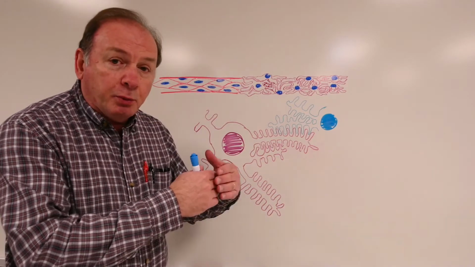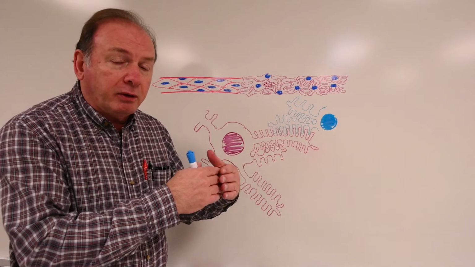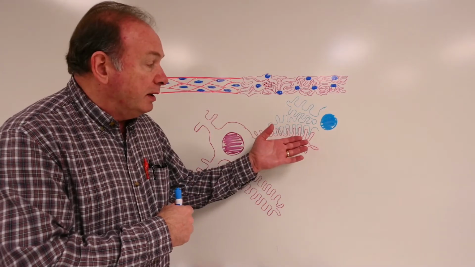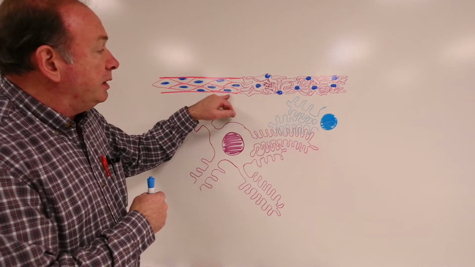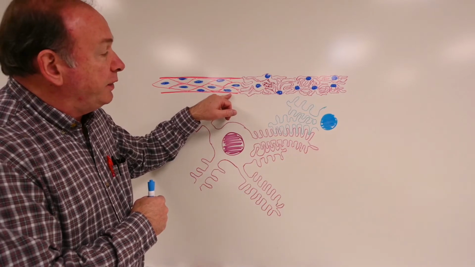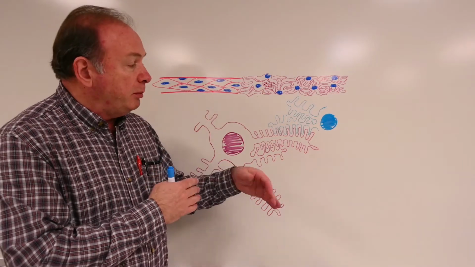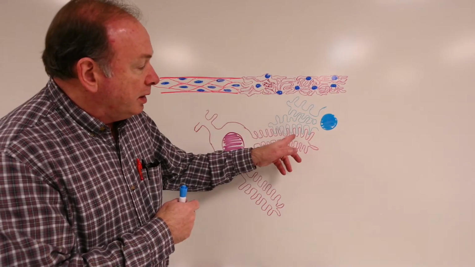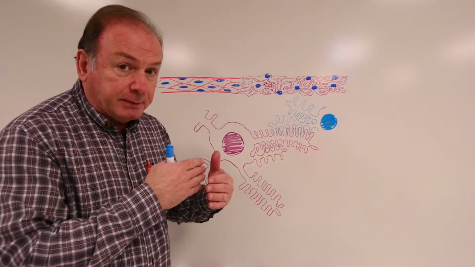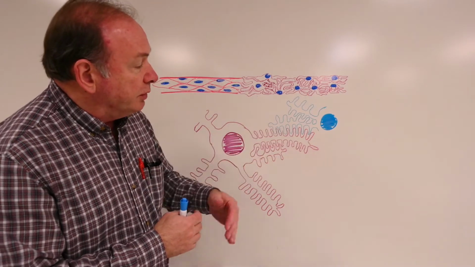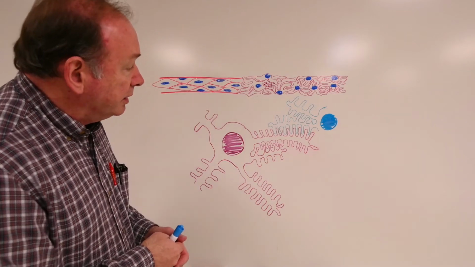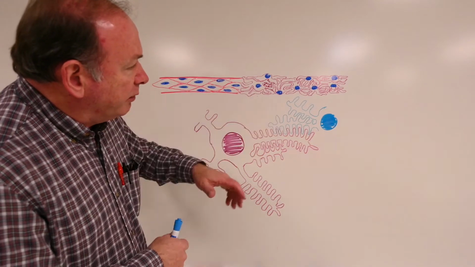This is part of that barrier between the blood and the filtrate. It's what comes out of the blood, out of the plasma, the fluid that filters first through the fenestrated endothelium, then through the basement membrane, and then between the filtration slits, between the pedicels of the podocytes. So that's a little bit of what it looks like.